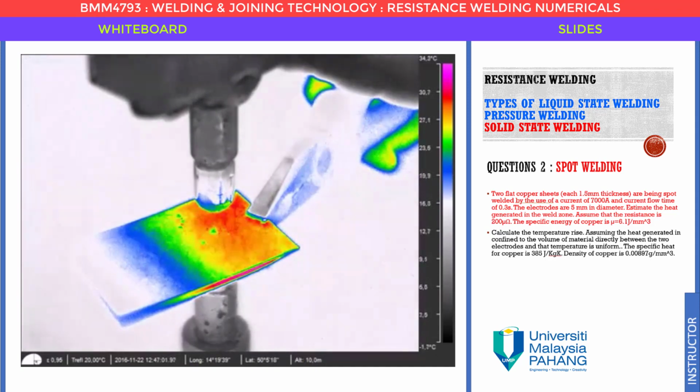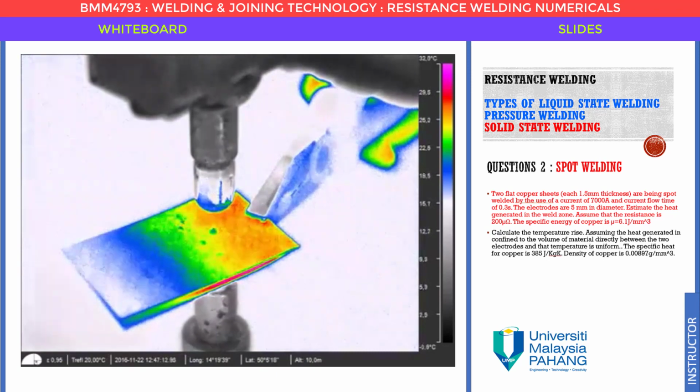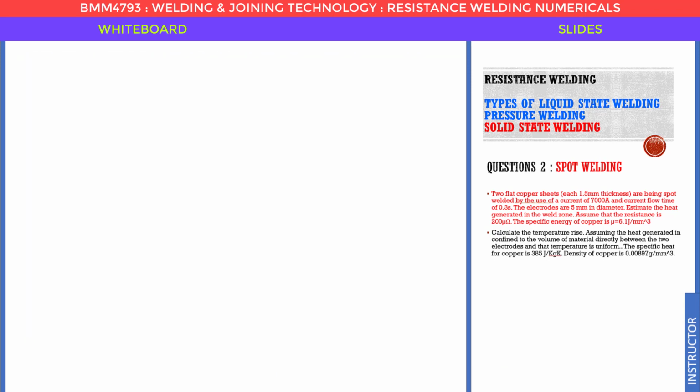We've got two plates. This is my electrode. Between these two electrodes, we are applying current and voltage, and resistance arises due to these plates and due to the faying surface. So the heat is generated during that process. You can see that a lot of heat is generated. Some of it is lost, and only a small part is used for melting the material. And the temperature rise is also very high.